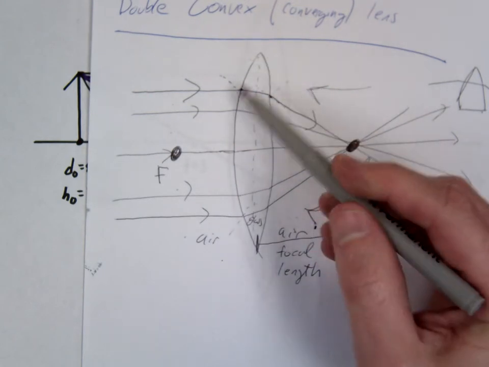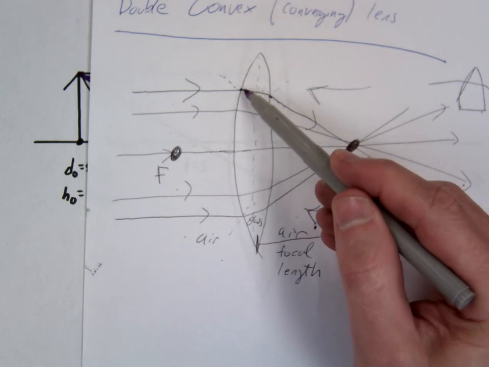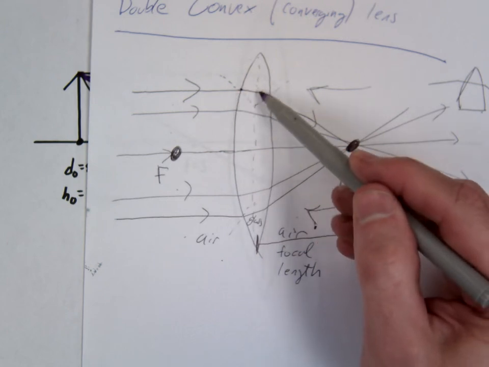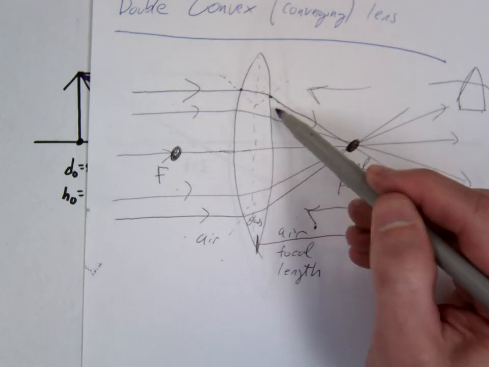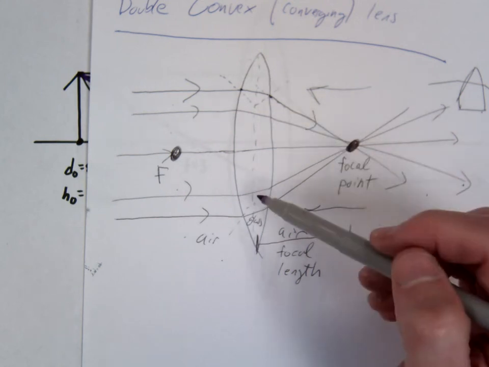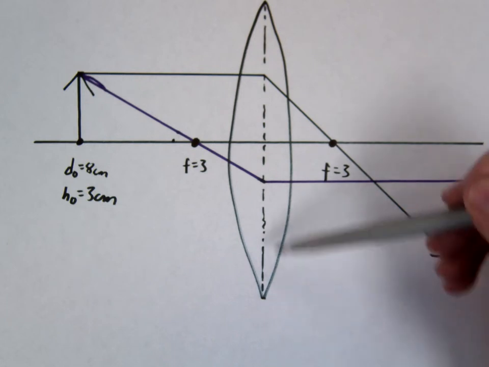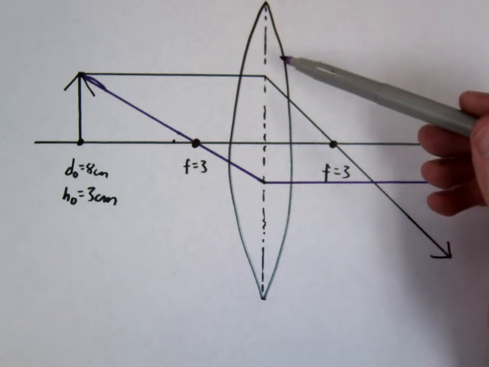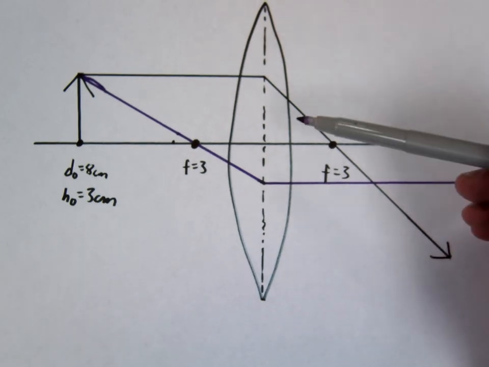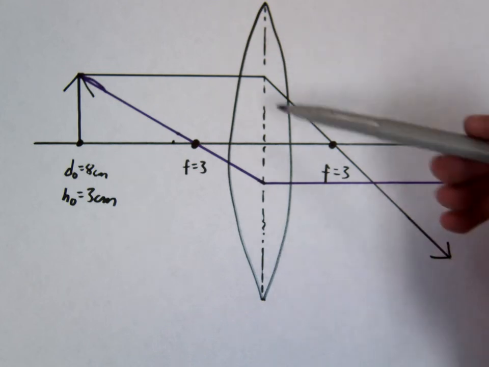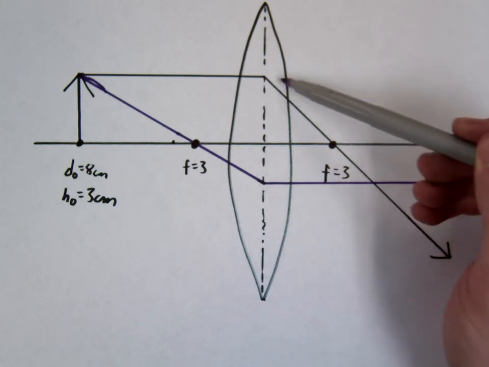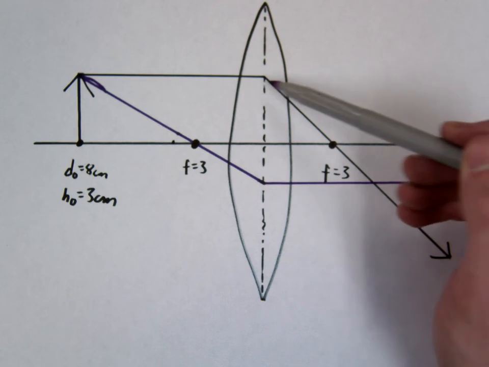But to really do this, you'd have to use Snell's law, you'd have to use a protractor to figure out those angles, and so forth. So, for simplicity, we're just going to refract it once, and we're going to do it right at the center. And so these lenses, we usually call these thin lenses, or that works for thin lenses. So, relatively speaking, there's not much movement distance between here and here.